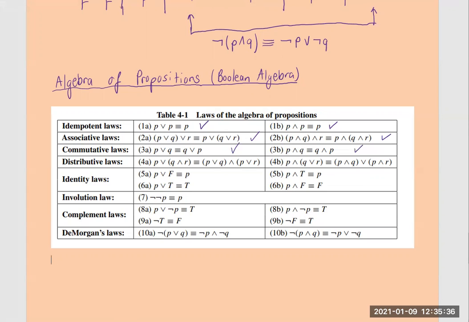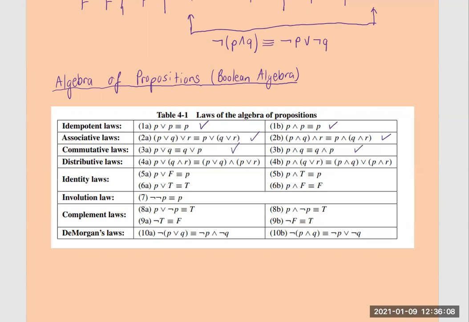So distributive laws, this is not working in our regular algebra. Let's see here, P or in parentheses Q and R equal. You can separate that one as P or Q and P or R. This is the distributive law. It is working.